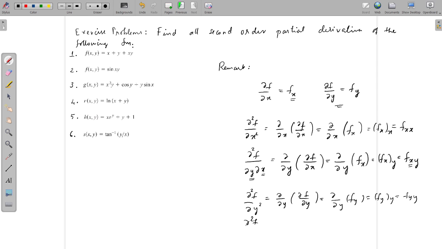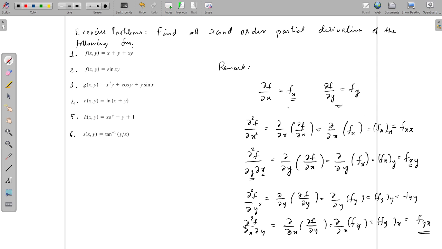Similarly, d squared f by dx dy is d by dx of df by dy, that is d by dx of fy. So that is equal to fy of x, that is equal to fyx. Okay, so these are the four alternative notations for the second order partial derivatives of a function f, where z is f of xy.